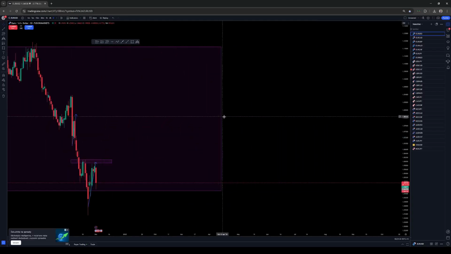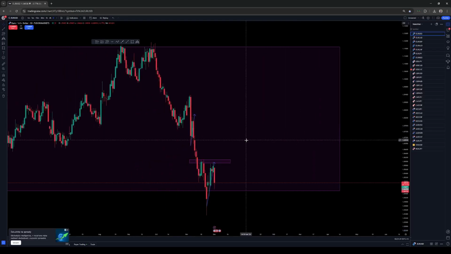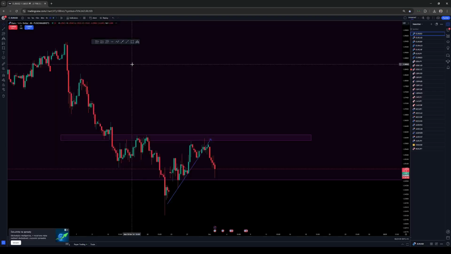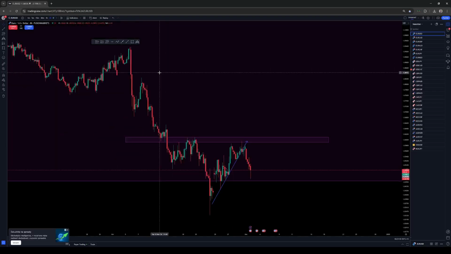If we just zoom in, what I noticed is that this one is basically forming something like a head and shoulders pattern. It might not be as obvious on the daily, but if we go to the 4-hour chart, it's more visible.